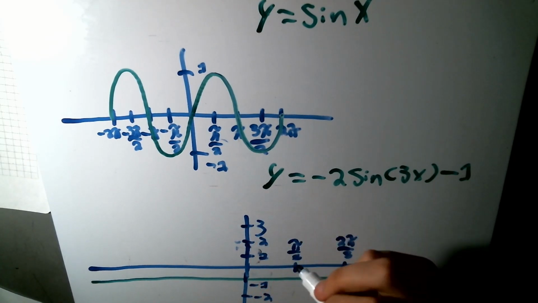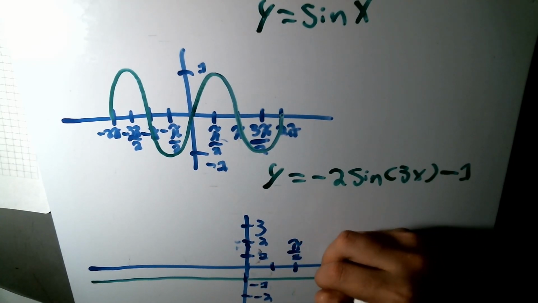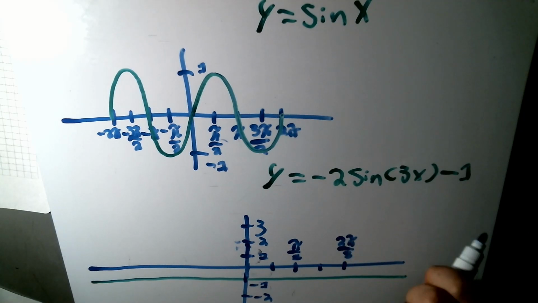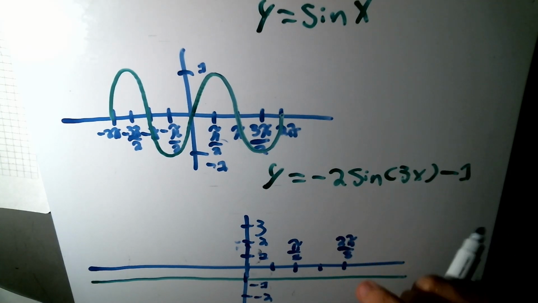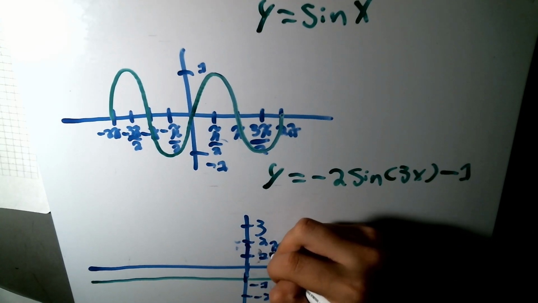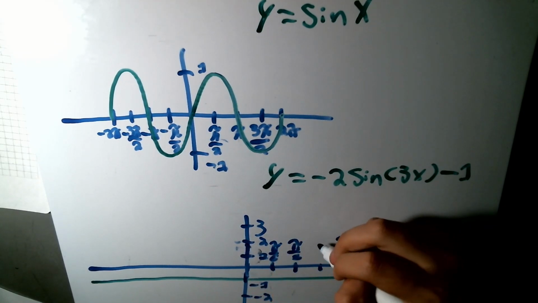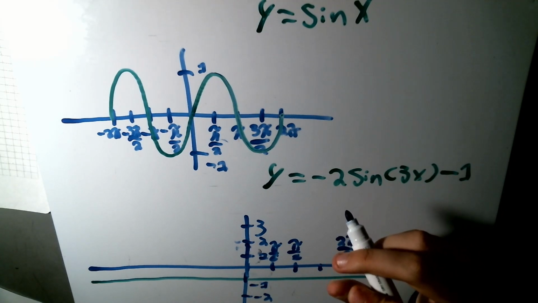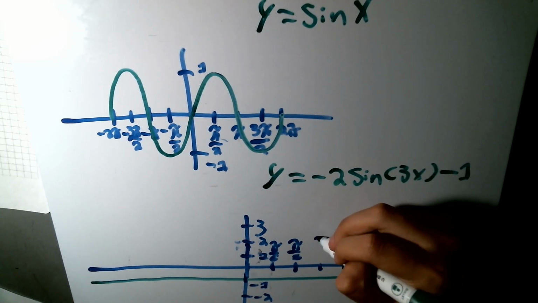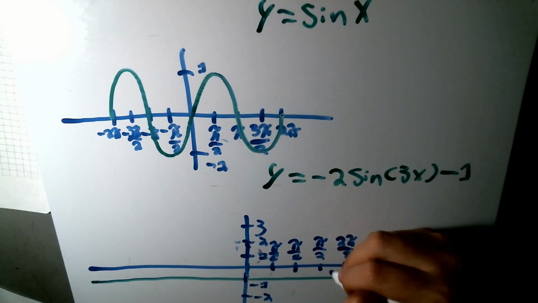2 and 3, and there's also pi over 3, pi over 6, and pi over 2.